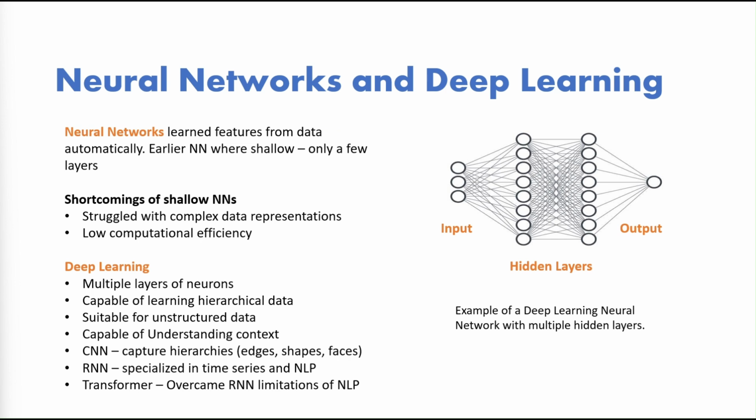They also worked well with unstructured data. Initial neural networks had only a few layers and low computational efficiency. Deep learning further revolutionized neural networks, especially using convolutional neural networks, CNN, for images, and recurrent neural networks, RNN, for sequences and natural language processing.